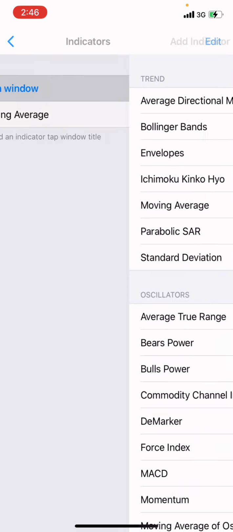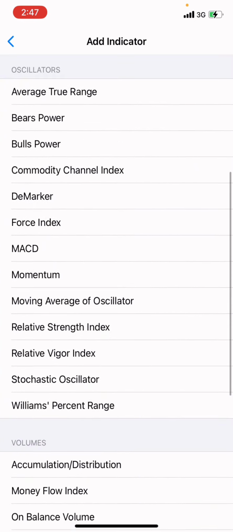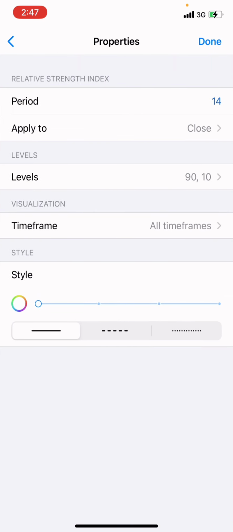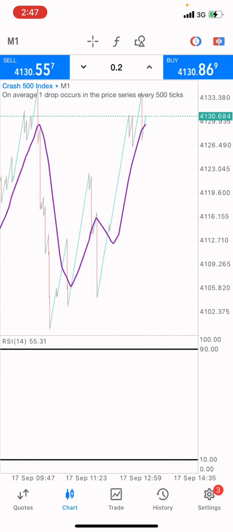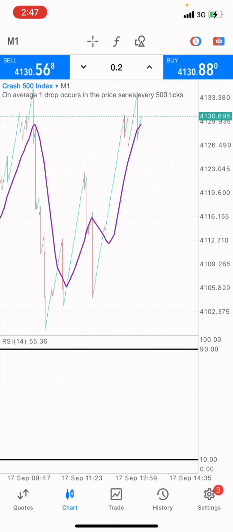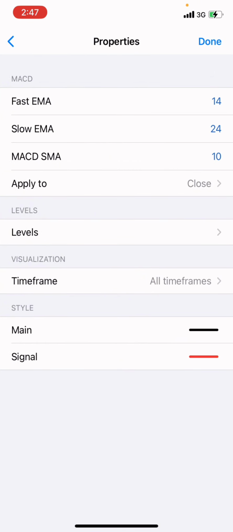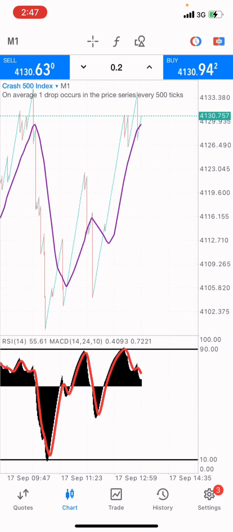Now I'm going to put in the RSI indicator. The RSI is a very powerful indicator for you to use to trade. These are the parameters as well. Then we're going to put on the MACD indicator. These are the parameters.